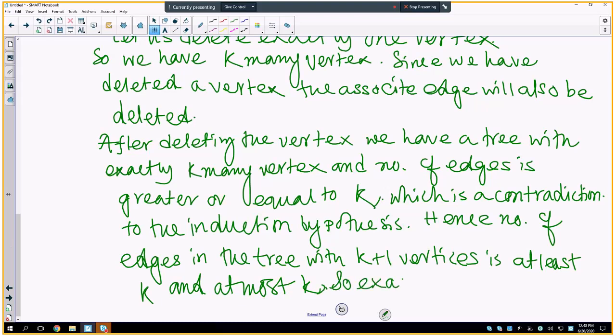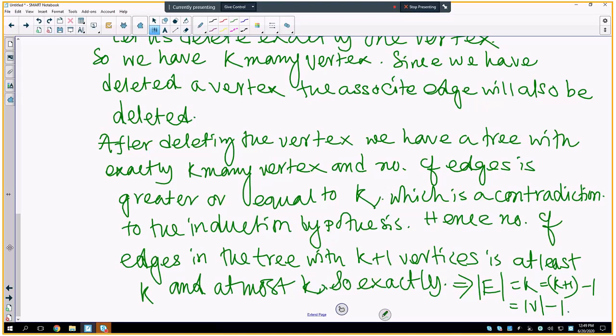So in a graph with k plus 1 vertices, there are exactly k many edges. What does that prove for us? It proves the result for us. It says that hence the number of edges is k, which is k plus 1 minus 1. Remember, k plus 1 was the number of vertices.